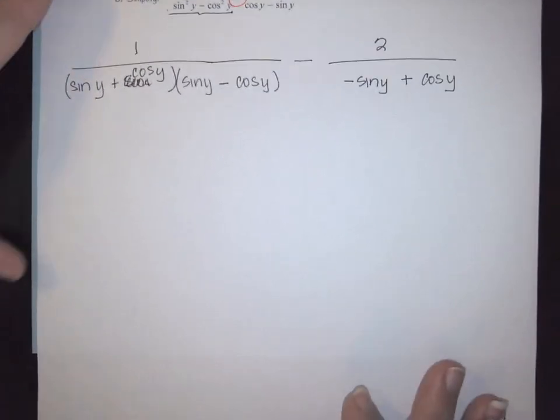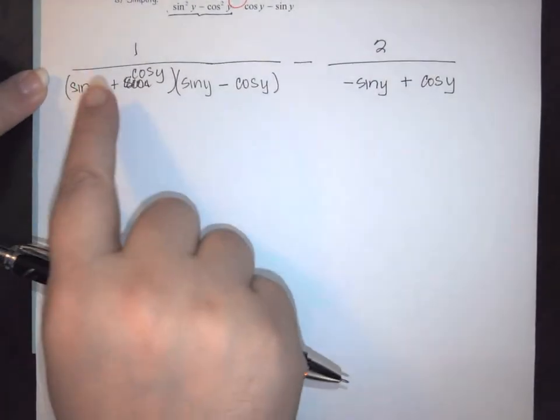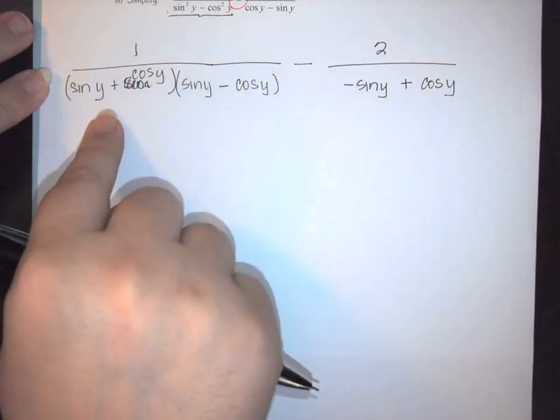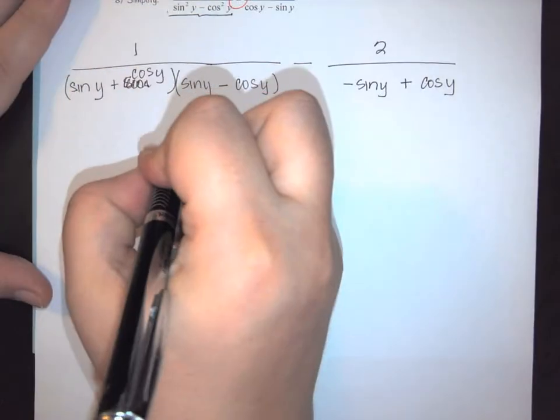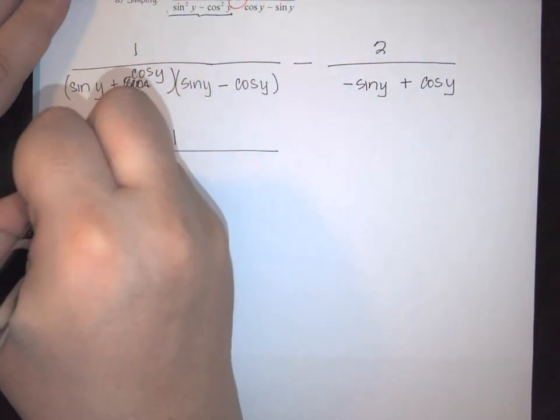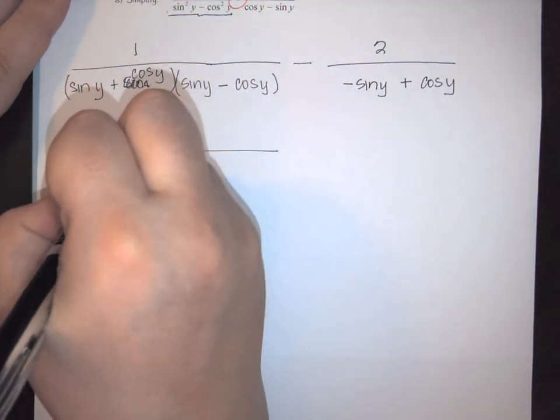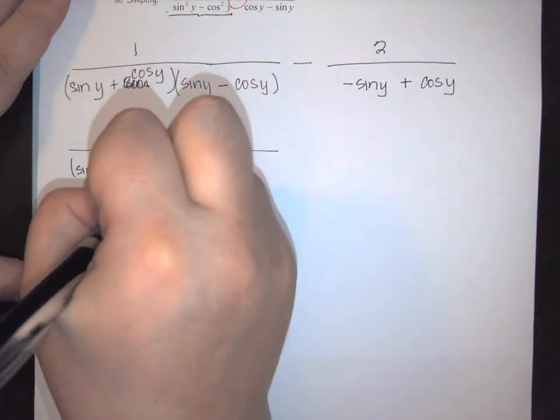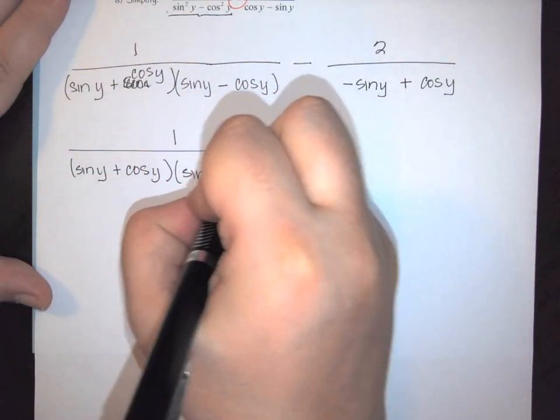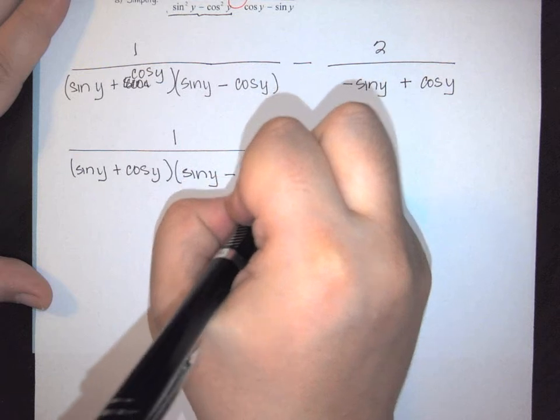Now that may seem a little funny, but you're going to see how this works here in just a second. So on this first one, I don't have anything to do. So I'm going to rewrite it as is so that I can work on the other side. So again, this is still the sine of y plus my cosine of y times my sine of y minus my cosine of y.